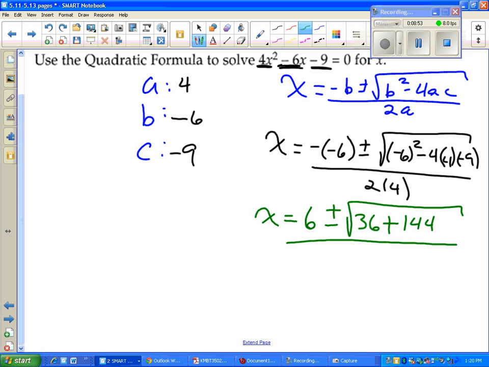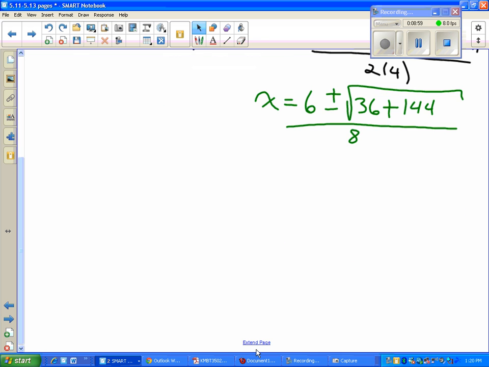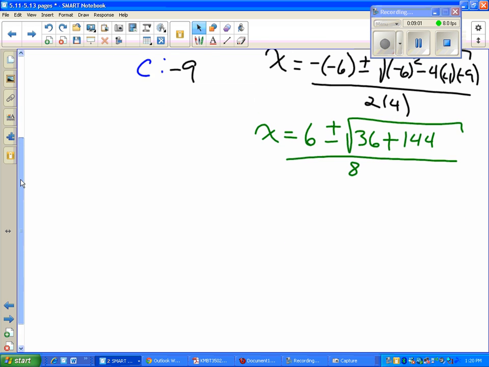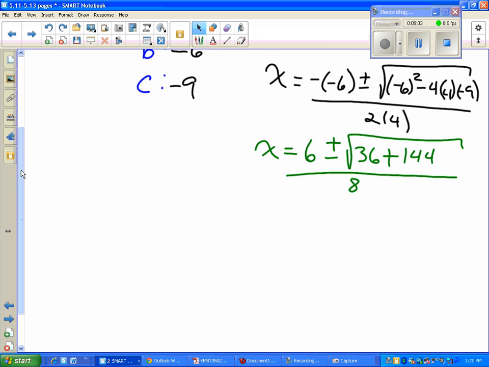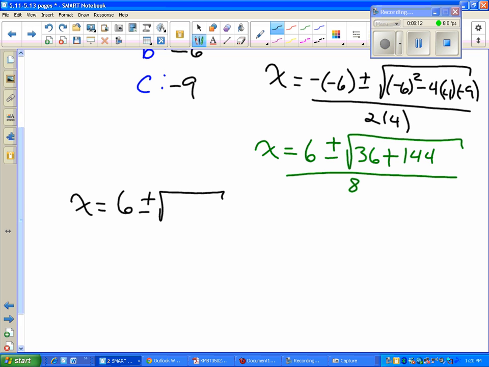What's 2 times 4? 8. Simplify. 6 plus or minus the square root of. What is 36 plus 144? 180. Divide by 8.